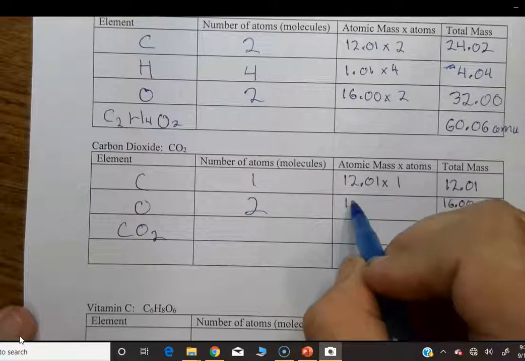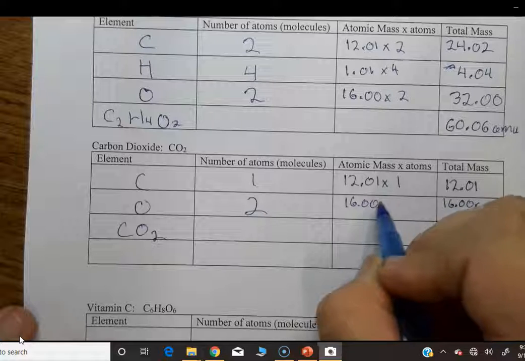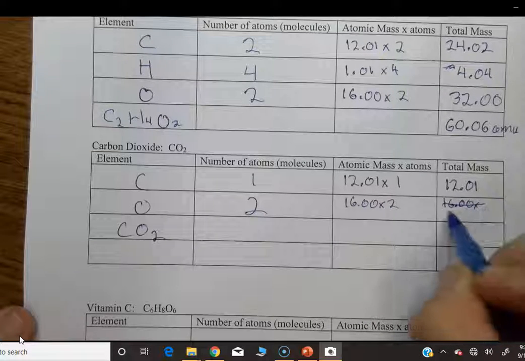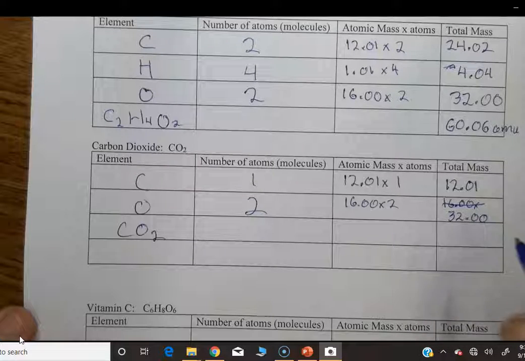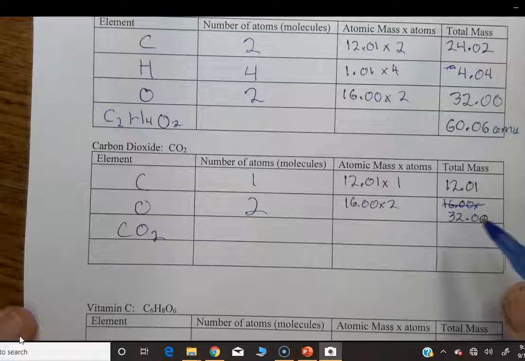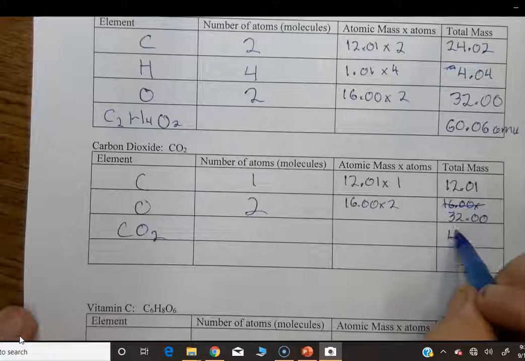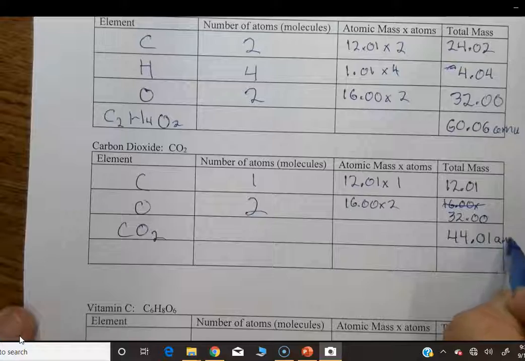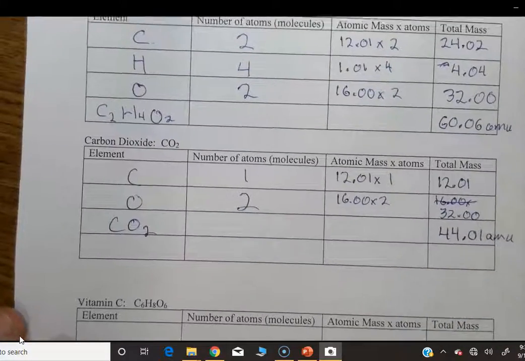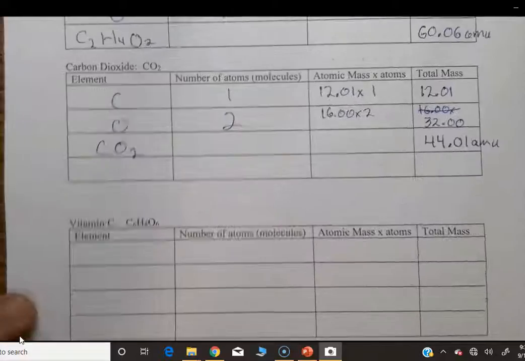Oops, I'm sorry, 16.00 times 2, and that's going to give us over there 32. And now it should just add, and you have 44.01. That's one we'll be using a lot in this class. Okay, so 44.01 atomic mass units for carbon dioxide.